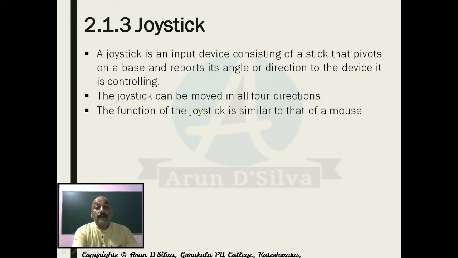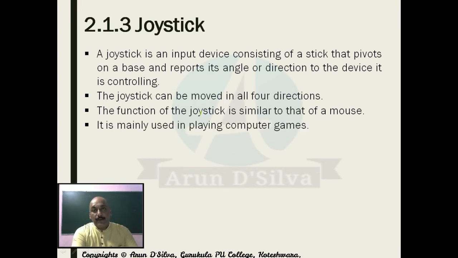There are buttons as well. The function of a joystick is similar to the mouse itself. How exactly does a mouse work? It just moves the cursor or object in the computer, and it is mainly used to play computer games.